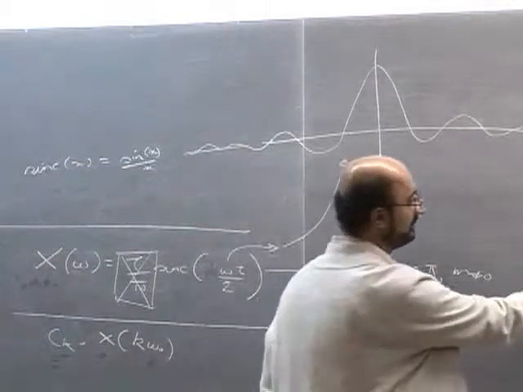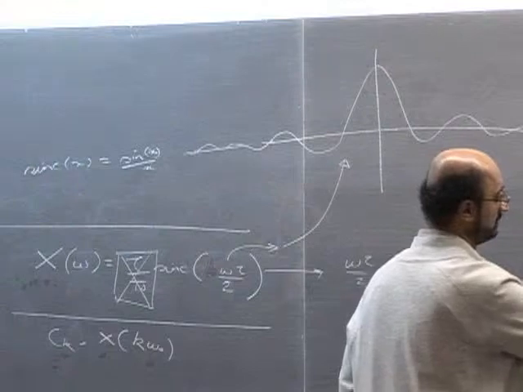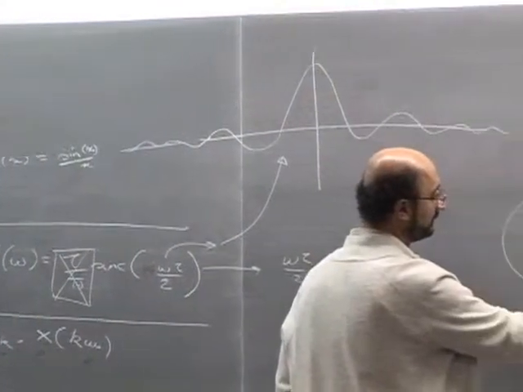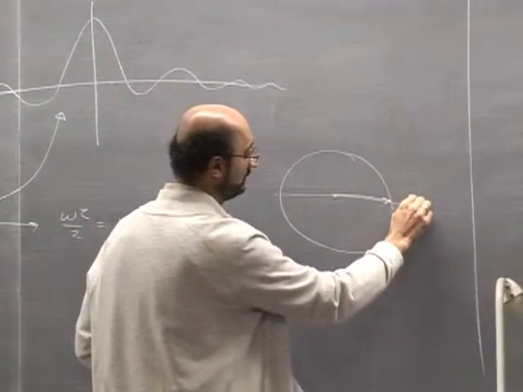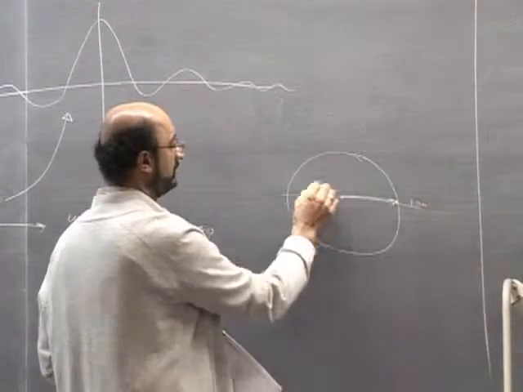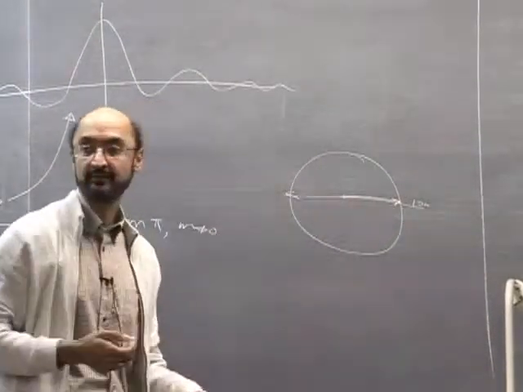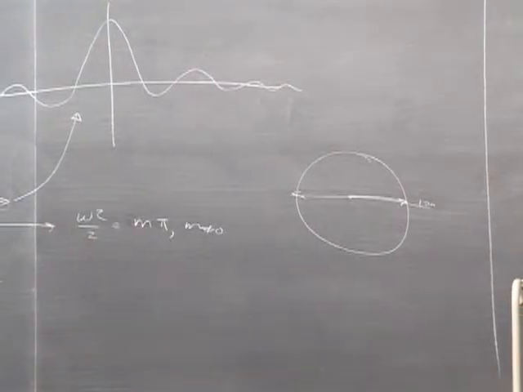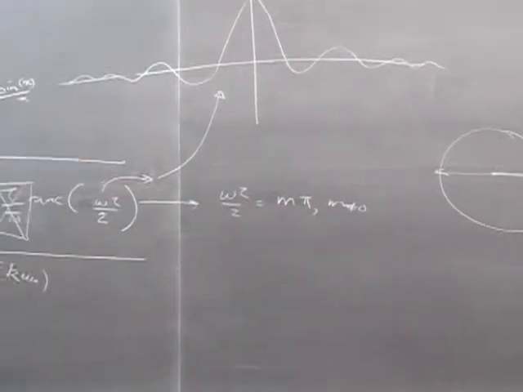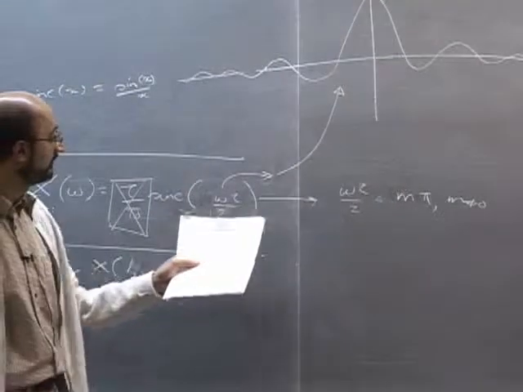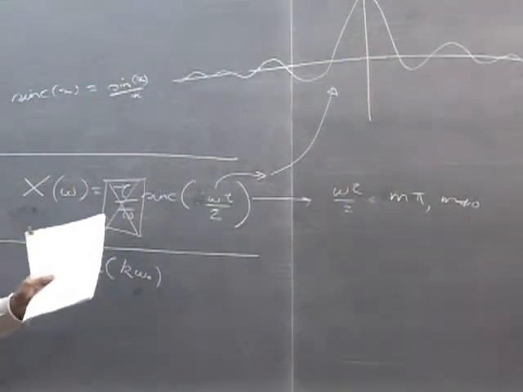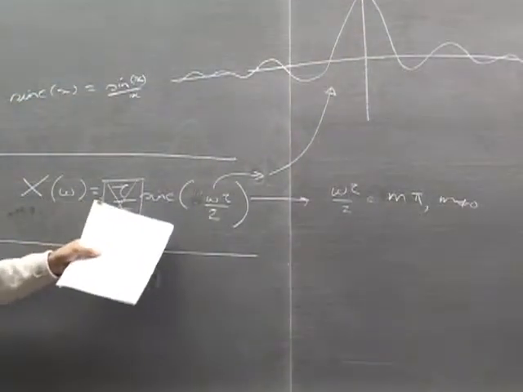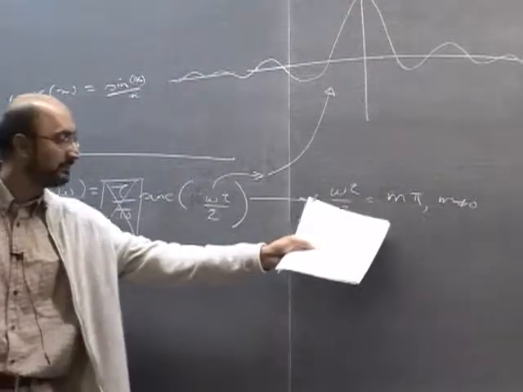Because you're rotating a phasor, and the distance from the x-axis is sine. And so it's 0 here, it's 0 here, it's 0 here, and so on and so forth. So at every m pi, sine x is 0. If sine x is 0 at every m pi other than m equals 0, then sinc of this is going to be 0 when omega tau by 2 equals m pi.